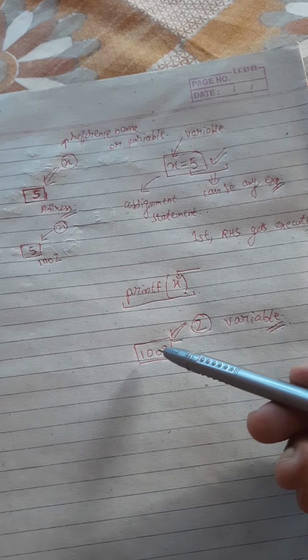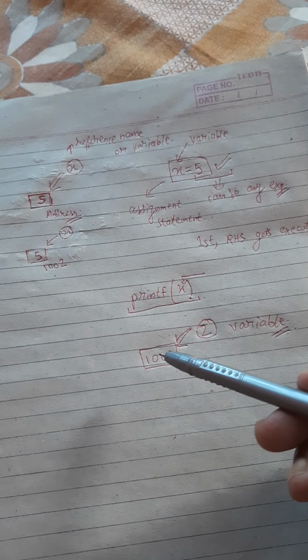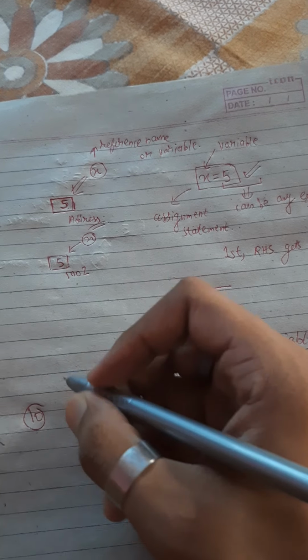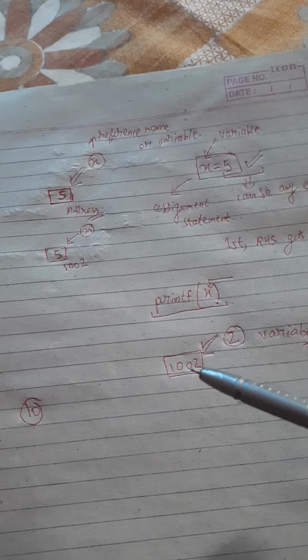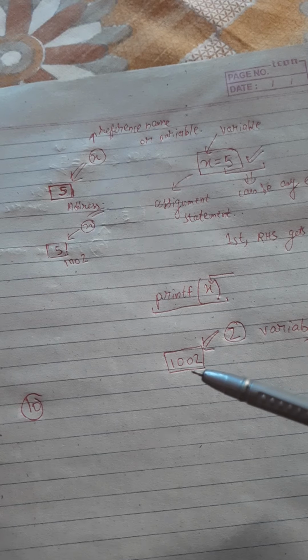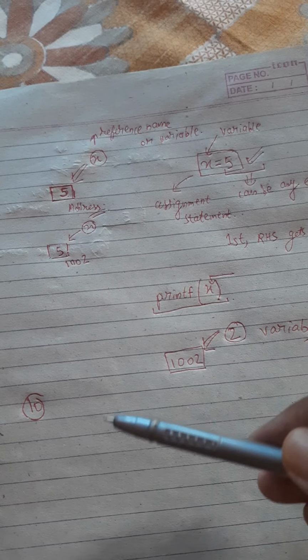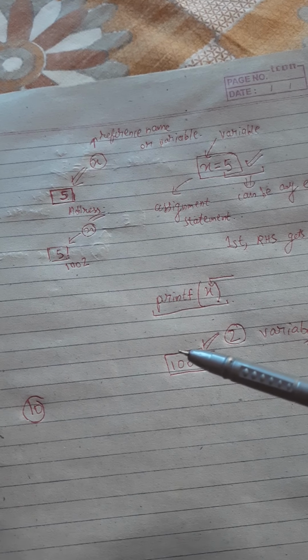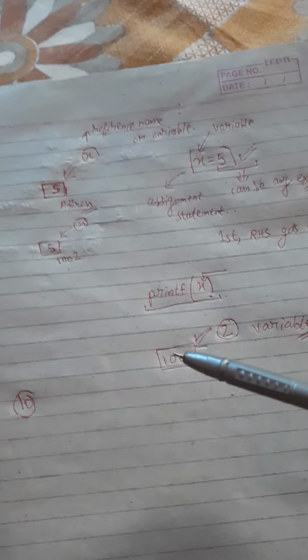Your address may be an integer, but it has to be an address. You cannot take 10 and say that z is a pointer so I'll just store 10 within this box. No, since it is a pointer, the value contained in this box has to be an address.